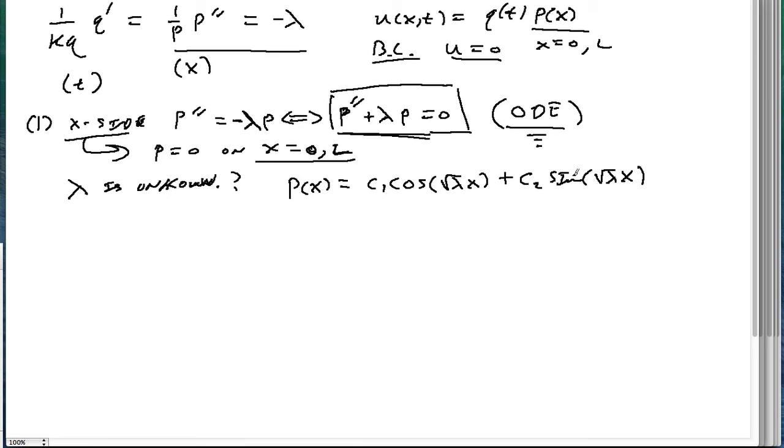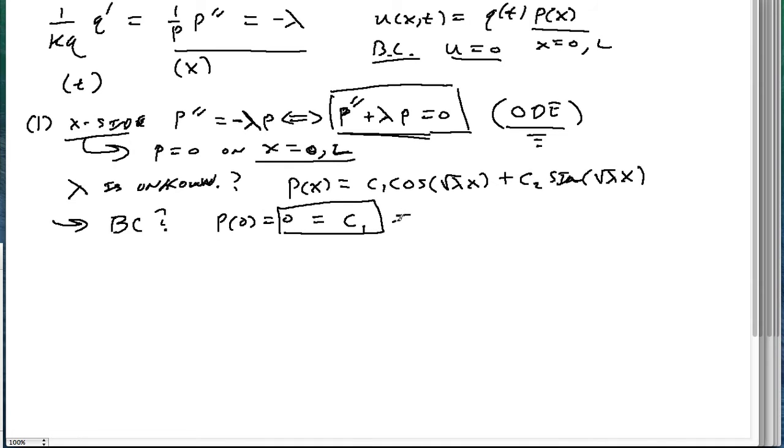All right, but now we have to ask about boundary conditions. We know that P of 0 is equal to 0. If I evaluate x equals 0 in cosine, this is going to be C1, and if I put x equals 0 into sine, that goes away. So P of 0 equals C1, which means C1 is equal to 0.